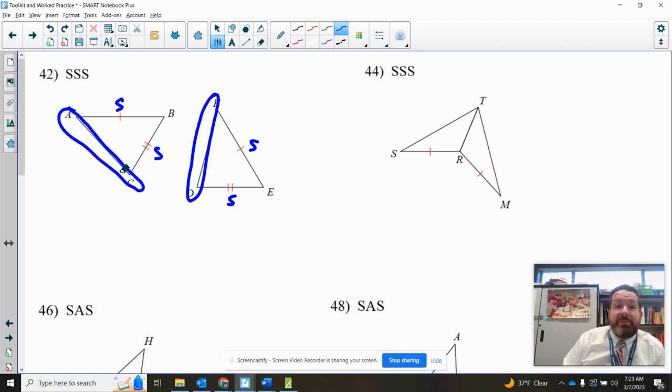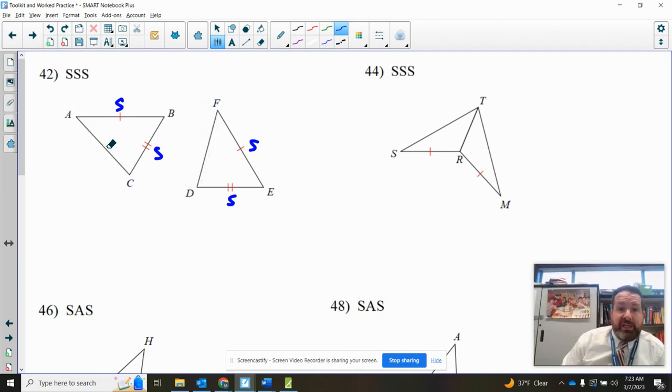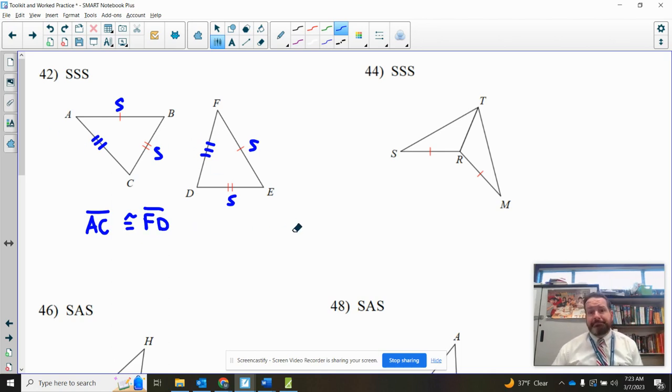That's not marked yet. That's what I need to have happen. So tell you what, I'm going to actually put in those marks that I want that I don't yet have. So I want to be able to see that segment AC is congruent to segment FD. That's the bit of information I need that I don't yet have.